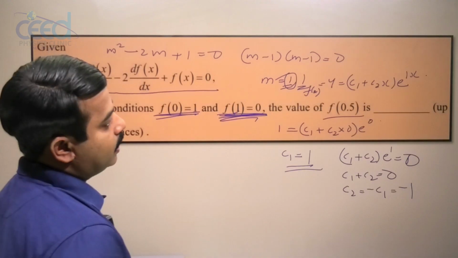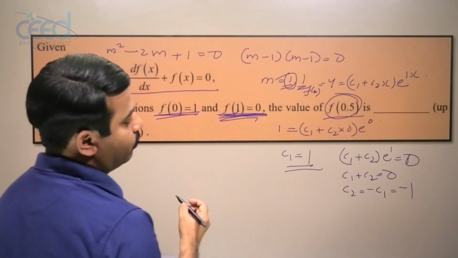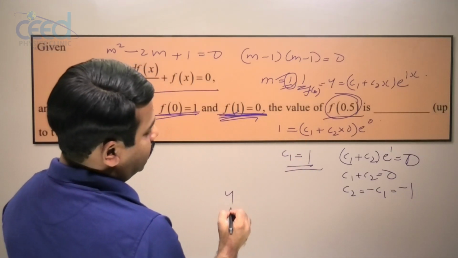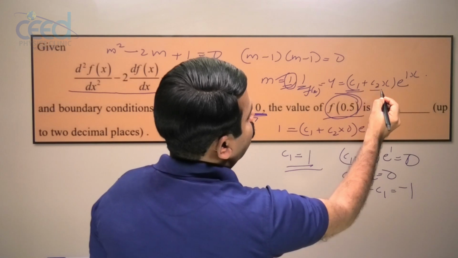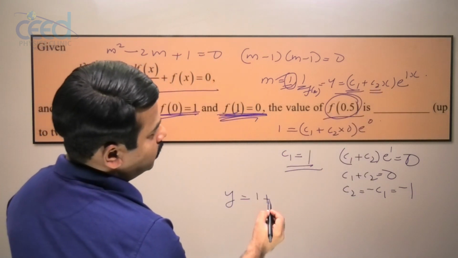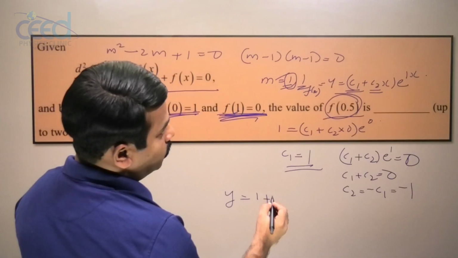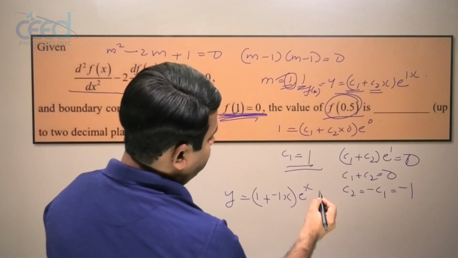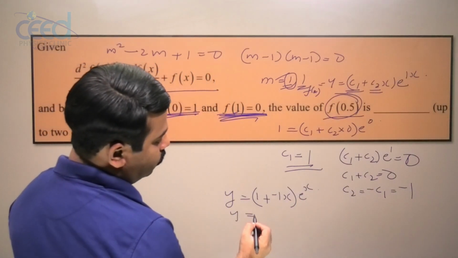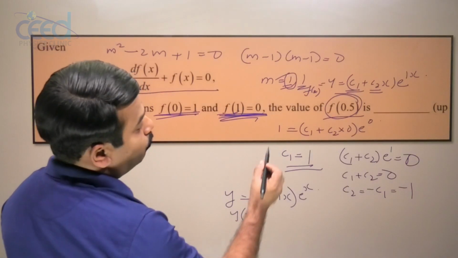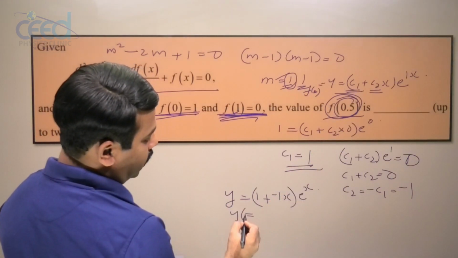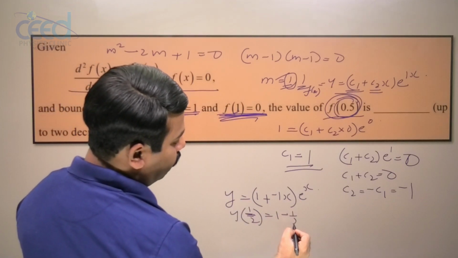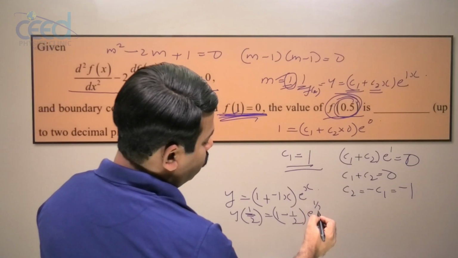c1 is already 1. Now they are asking f of 0.5, so we can put that value here. With c1 as 1 and c2 as minus 1, our y is equal to 1 plus minus 1 into x, into e raised to x. Now we need y of 0.5, and 0.5 is 1 by 2, so y of 1 by 2 is equal to 1 minus 1 by 2 into e raised to 1 by 2.